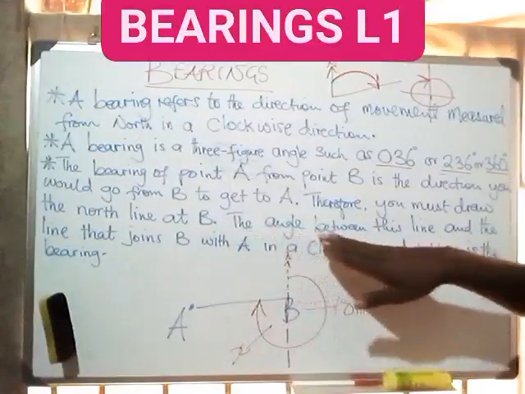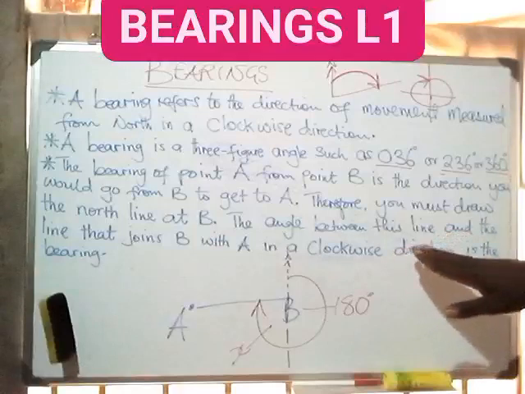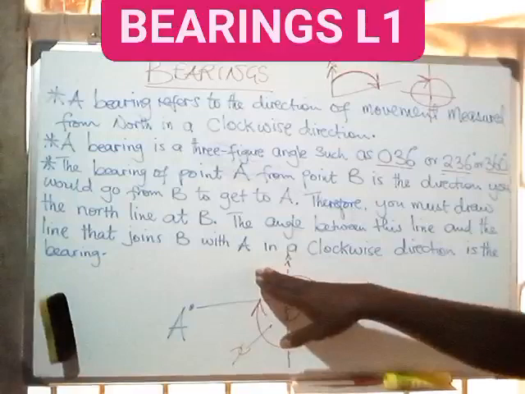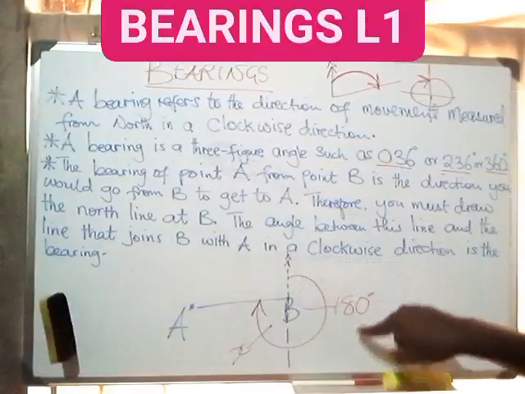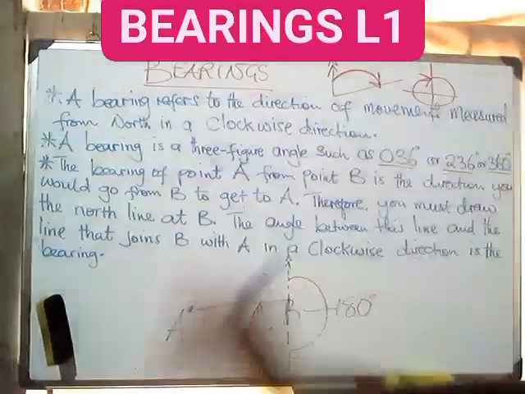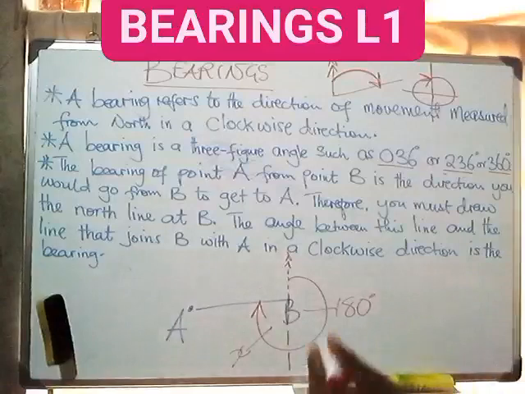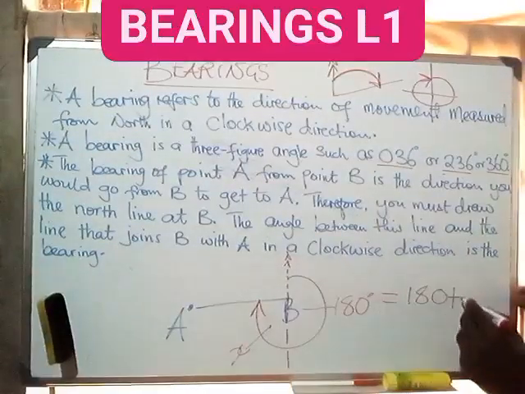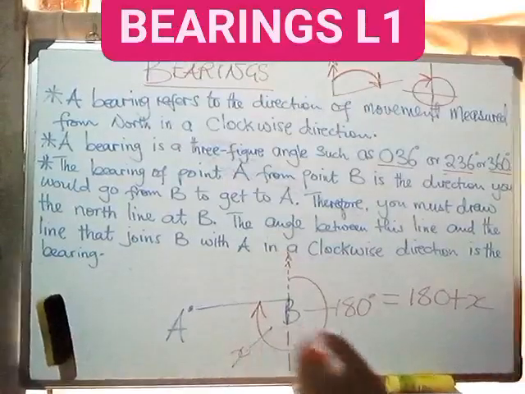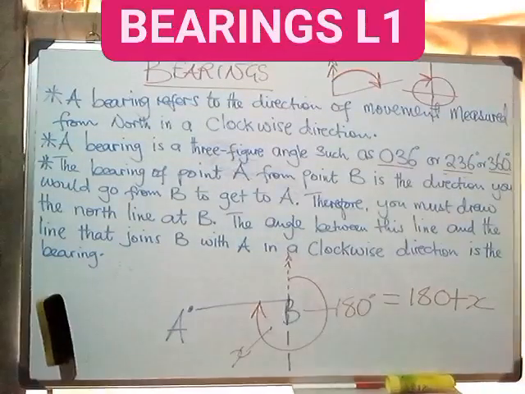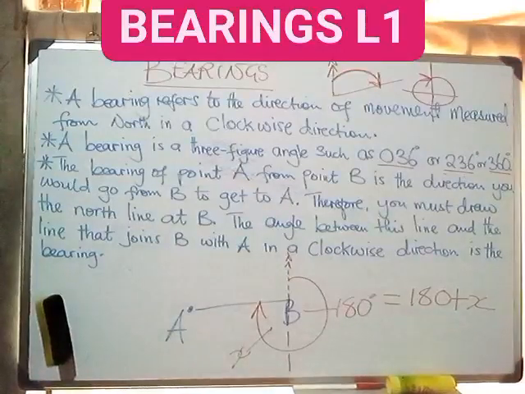Then we are saying the angle between this line and the line that joins B with A in a clockwise direction, like a clock, is the bearing. So the bearing of A from B is equal to 180 plus X. Now what is angle X? We do not know as of now, but as we move, we are going to discover what angle X is all about.